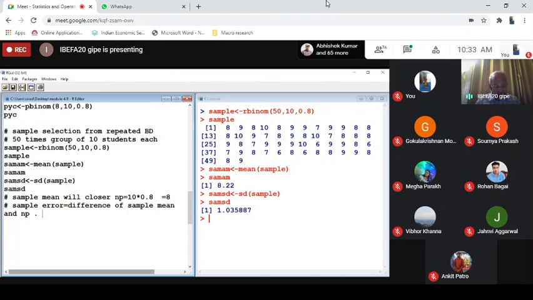In my case, sample error is 8.22 minus 8, which becomes 0.22.